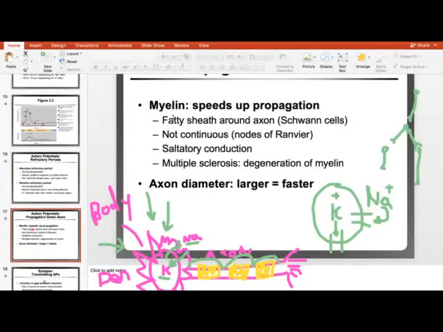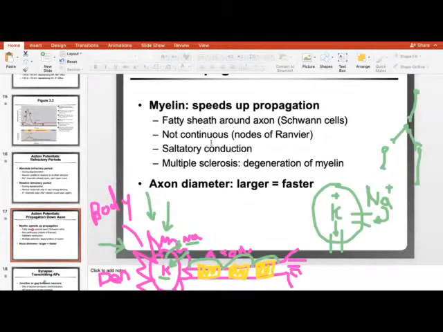All right, so what is this myelin stuff? Myelin is these little protective sheaths around the axon. Omega-3 fish oils and all sorts. I'll show you a video about protecting these myelin sheaths, but they're fatty sheaths, protective things around axons. And these fatty sheaths are made by Schwann cells.